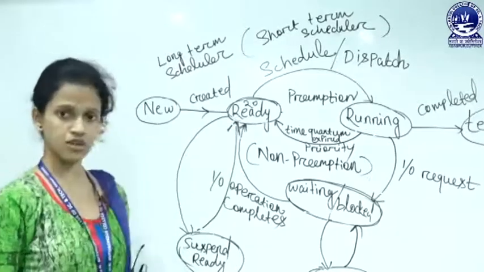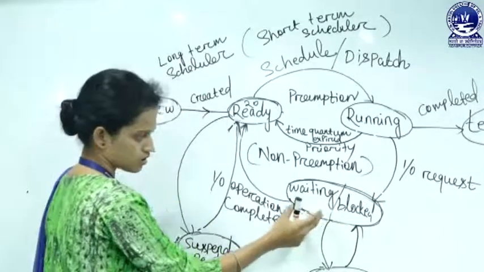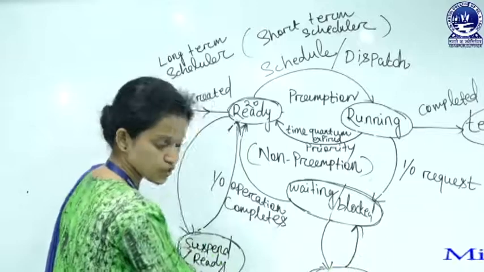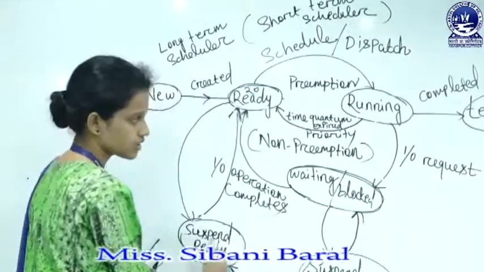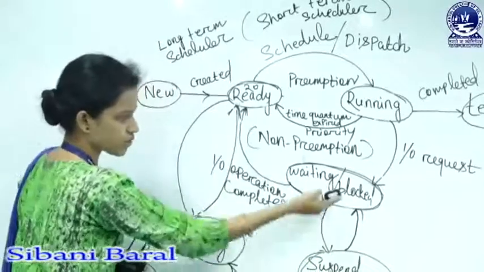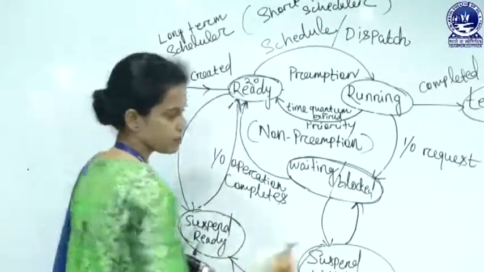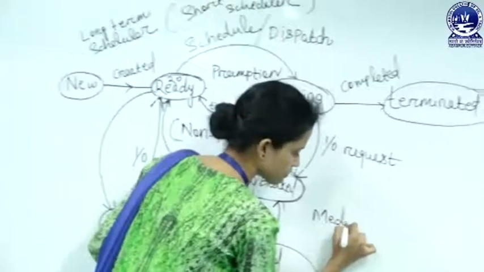So, what is the medium term scheduler? The transition from the waiting state to the suspend wait state and from the ready state to the suspend ready state is done by the medium term scheduler.